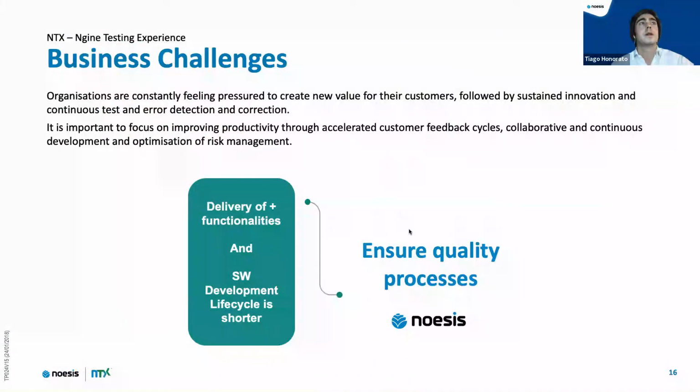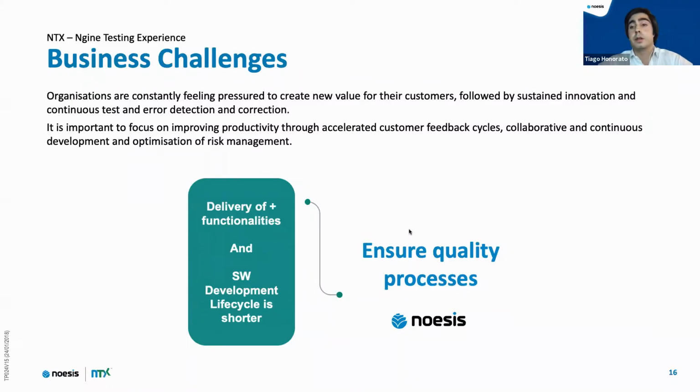Okay, so why did we create NTX? As you know, with platforms like OutSystems, the developments are really fast. So we can deliver more functionalities in less time, meaning that the software development lifecycle is shorter. However, we have to continue to ensure the quality processes.